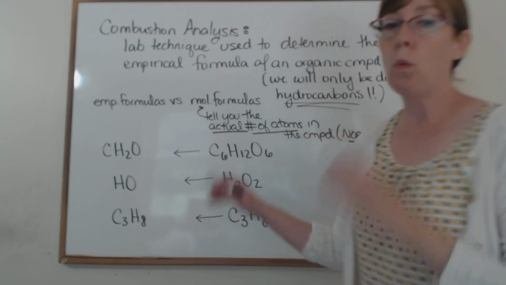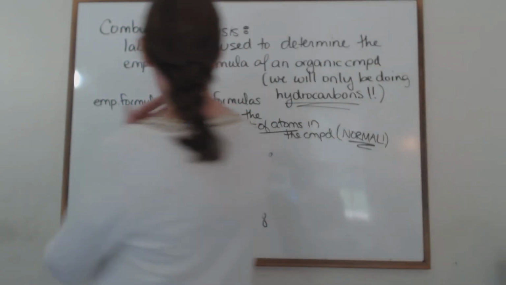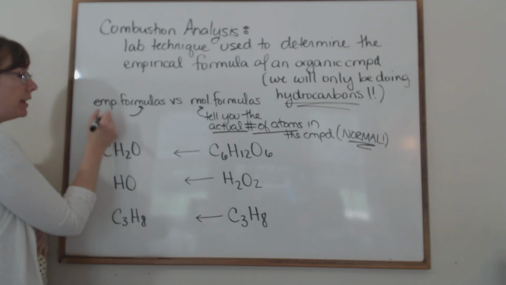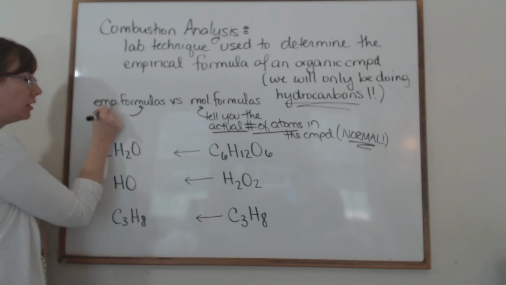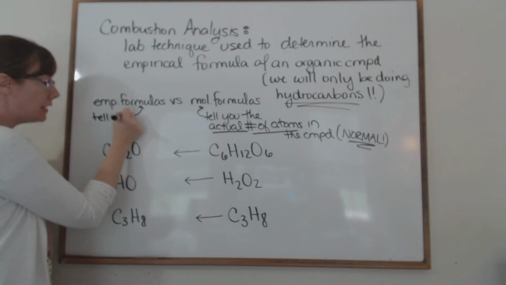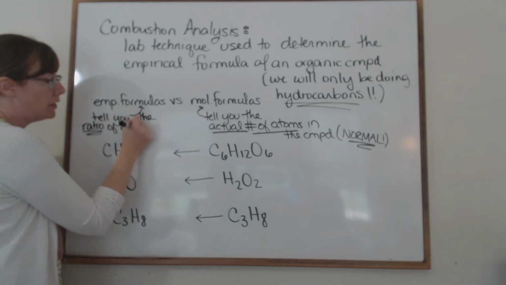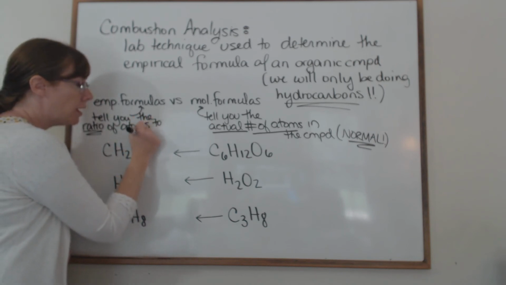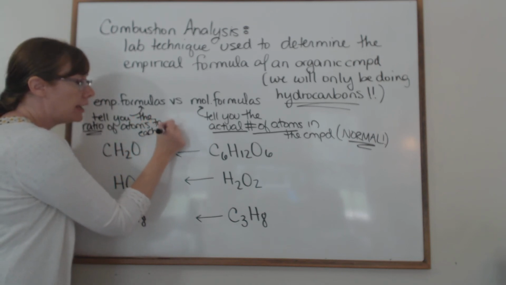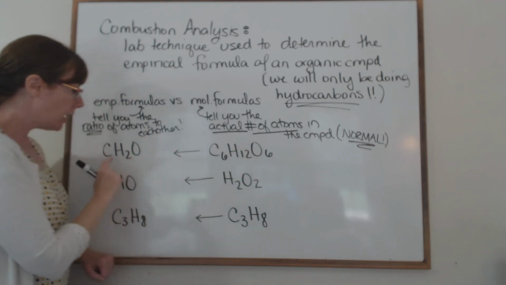Okay, so what is the point of an empirical formula? The point of an empirical formula is just to tell you the ratio of atoms to each other. Empirical formulas are not getting at actual numbers. They're getting at what are the ratios.